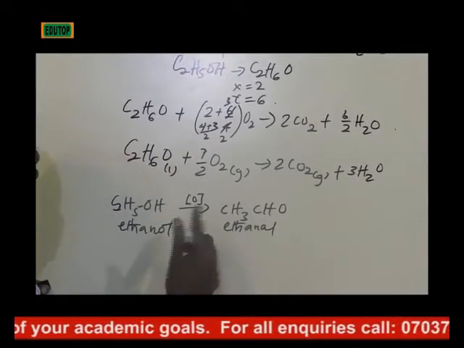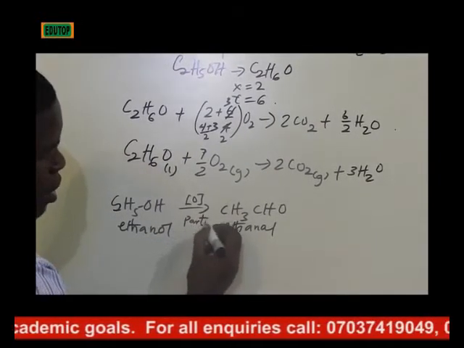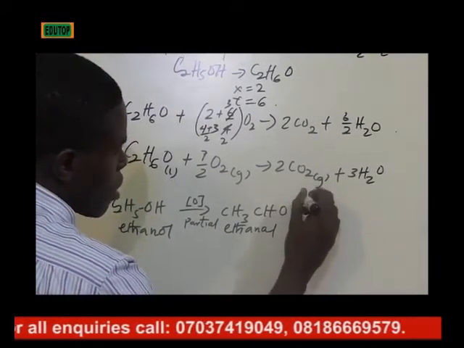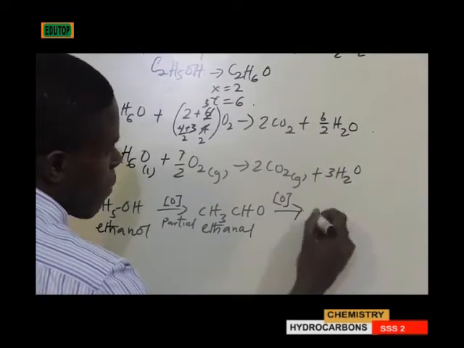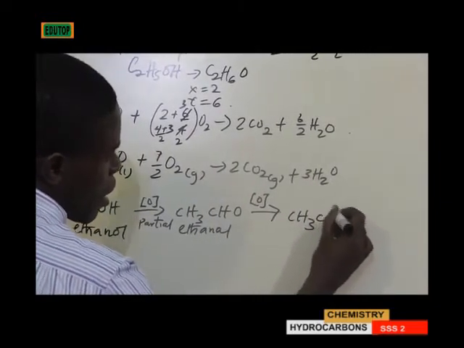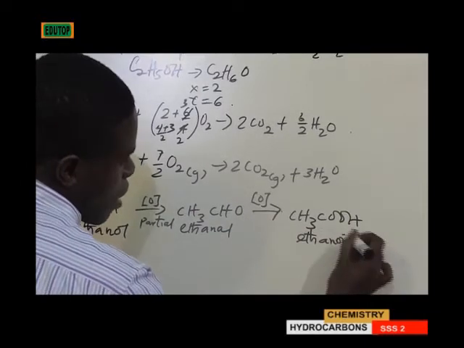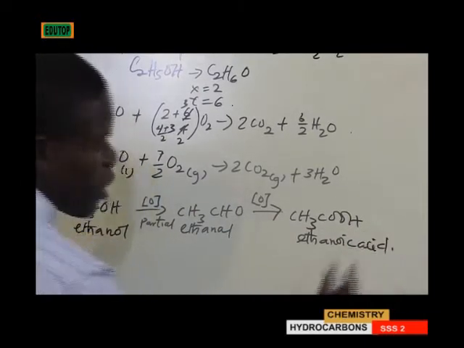So partial oxidation gives ethanal, and complete oxidation now gives ethanoic acid. That's for the case of 2.